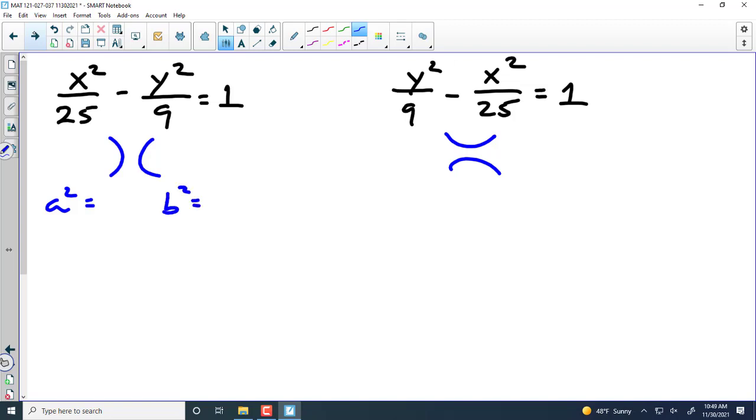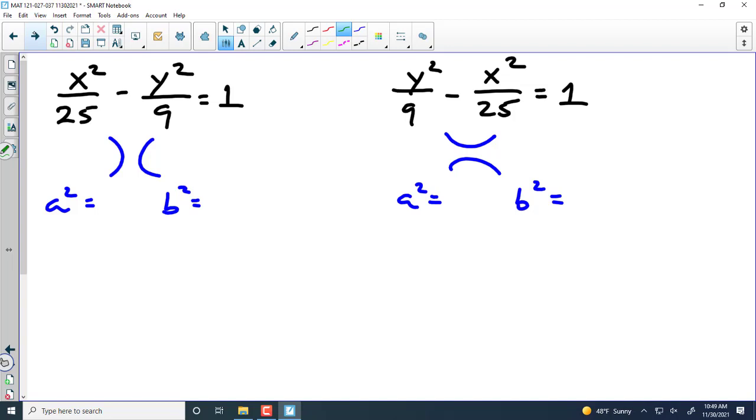All right, everyone write down what a squared is and what b squared is for each of these. And remember the rule for identifying what a squared and b squared are for a hyperbola, because it's different than the rule for an ellipse, because a squared is not necessarily the larger number right now.